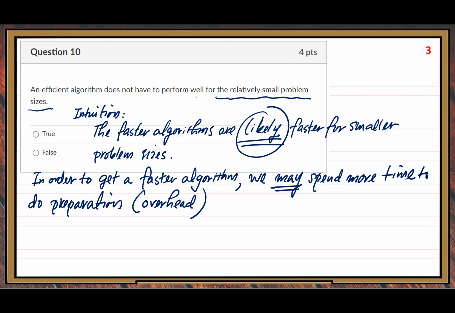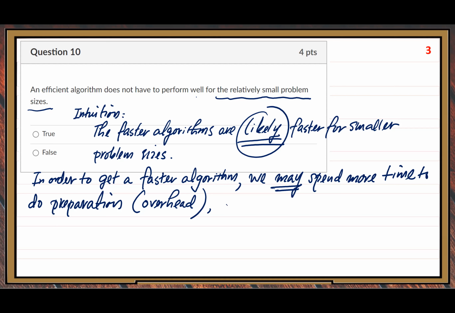You need to pay more effort to get a faster algorithm. Some of that effort is reflected in this preparation part, and sometimes we just call it overhead.